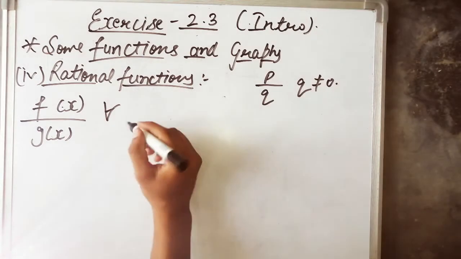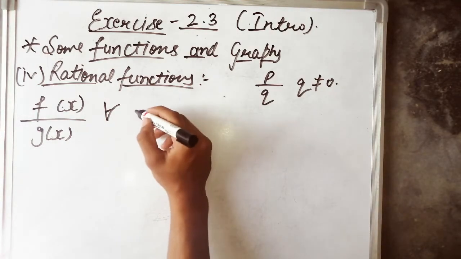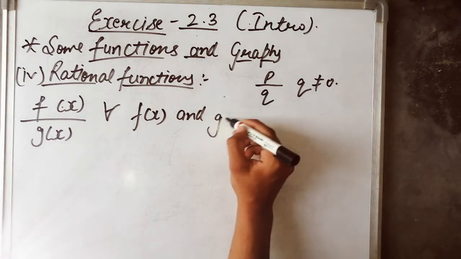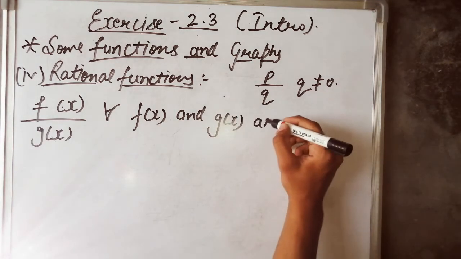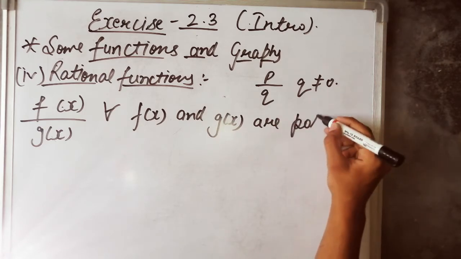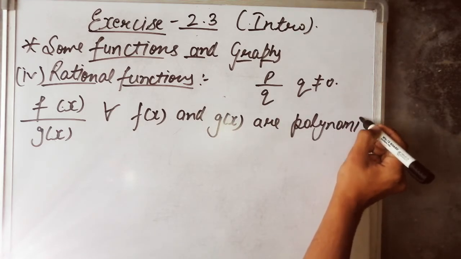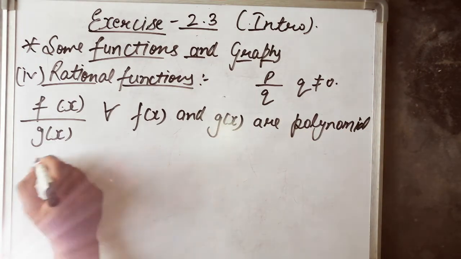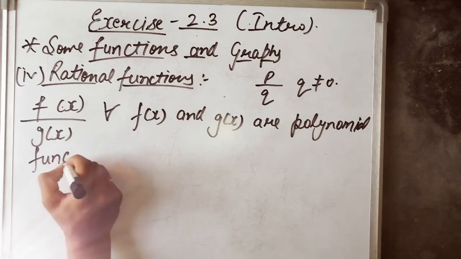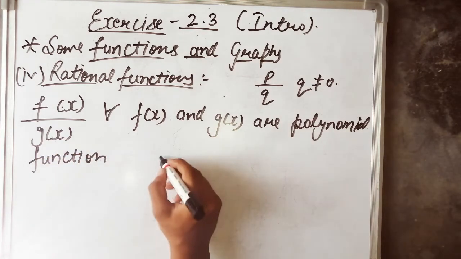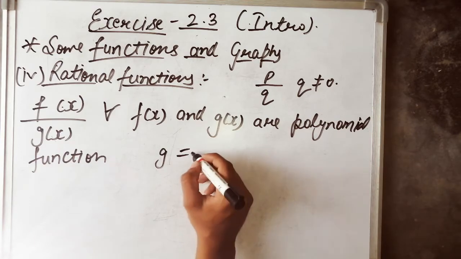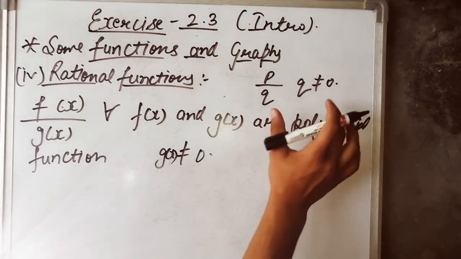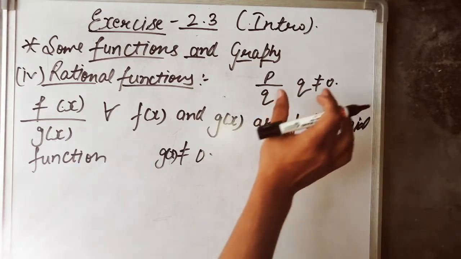Where f(x) and g(x) are polynomial functions, and g(x) is never equal to 0, just as in this term q was also not equal to 0.